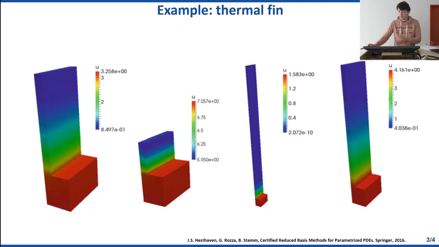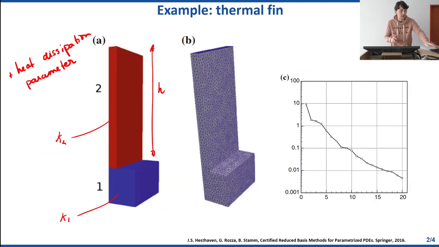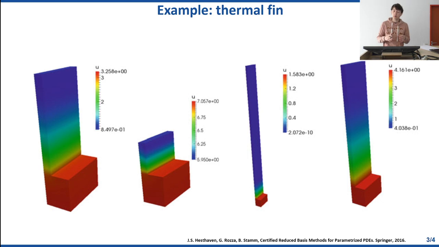So what are examples of modes that they obtain with the greedy method? Those are these, yeah? And this is now mapped back to the true configuration, the true domain, just to see what they look like. In reality, they would compute any of these in the reference domain. But of course, since we're using a greedy method, we know which parameter point each of our bases corresponds to, and the parameter point defines that true configuration. We can actually map this to the true configuration.